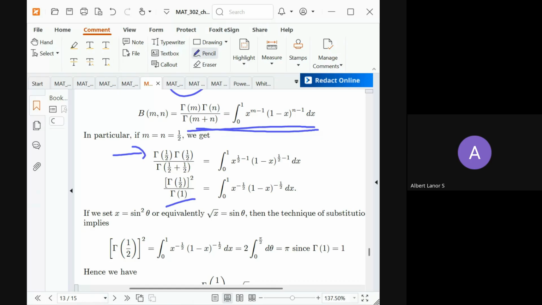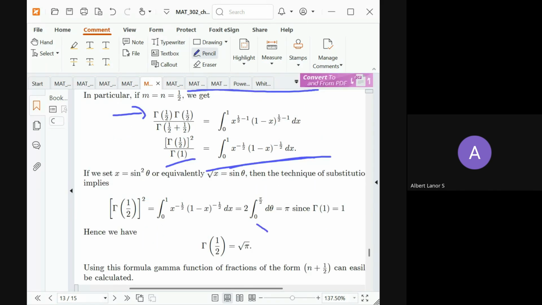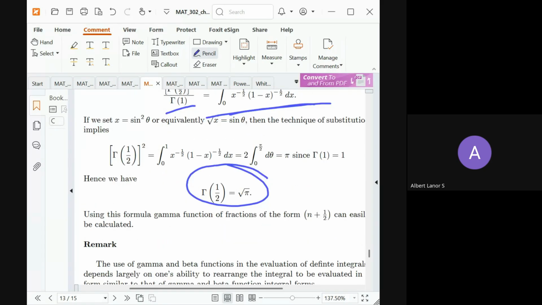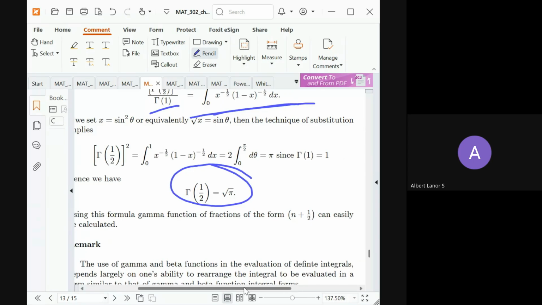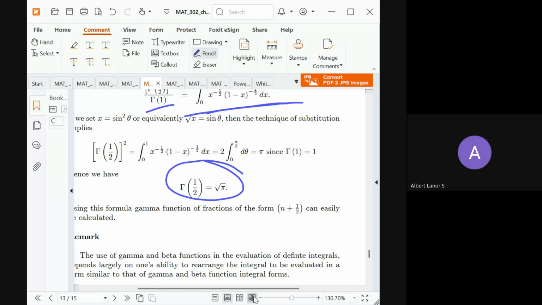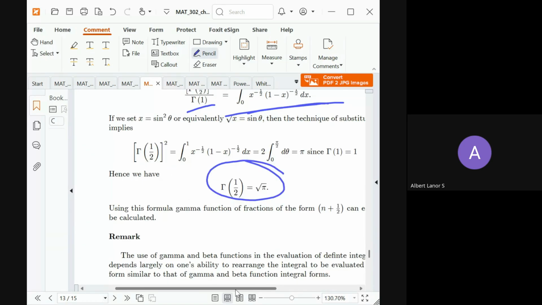So you are able to establish the fact that gamma of half is equal to the square root of pi. Now, using this formula, gamma functions of fractions can easily be calculated, using the beta function.